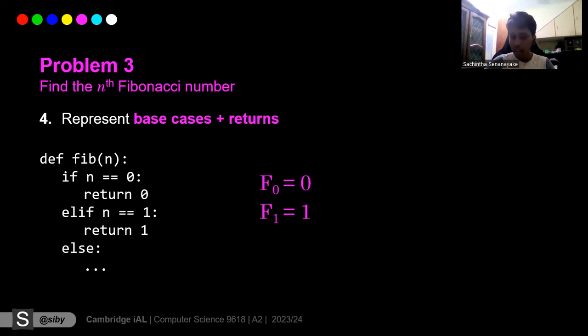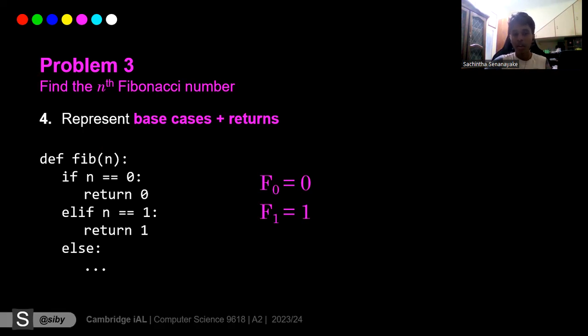So F0, which is equivalent to the first term, is 0. The 0th Fibonacci number, or the first Fibonacci number in mathematics, is 0. And F1, the first Fibonacci number in this solution, or the second Fibonacci number in maths, is 1. Those two I define as separate base cases because they need to be explicitly defined. If n is equal to 1, I return 1.